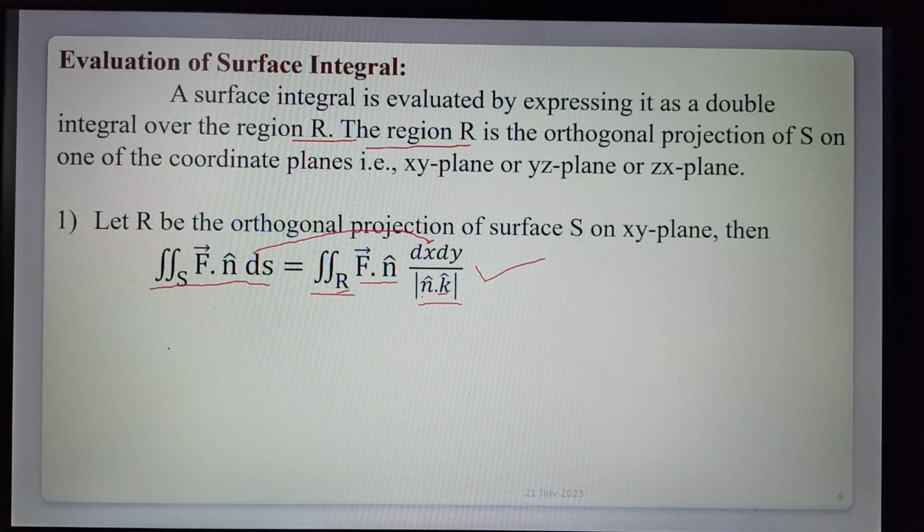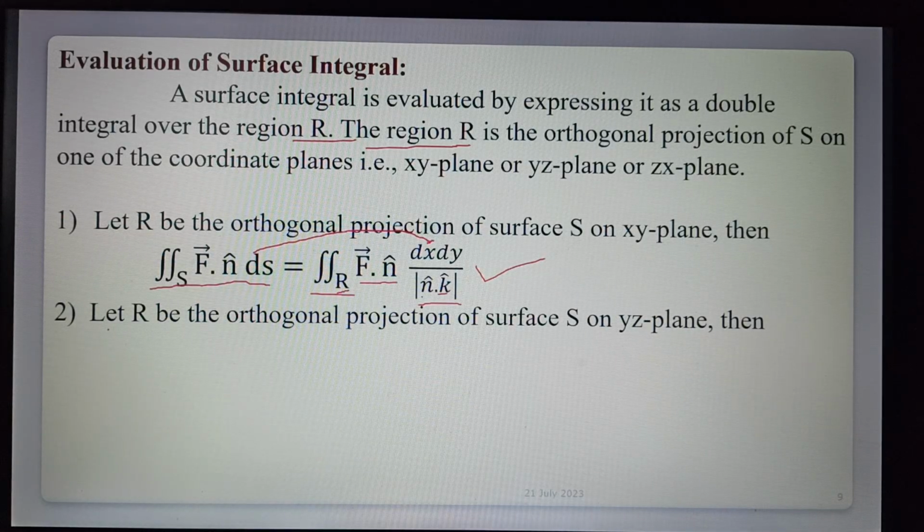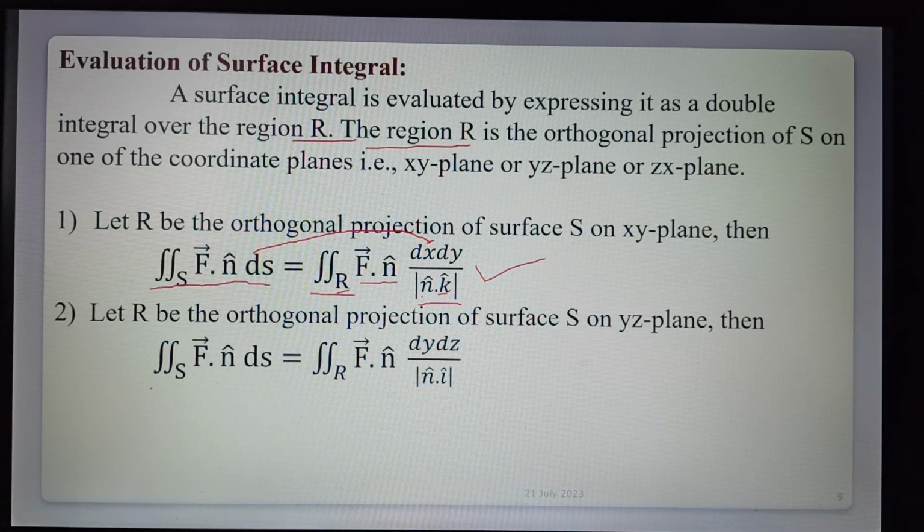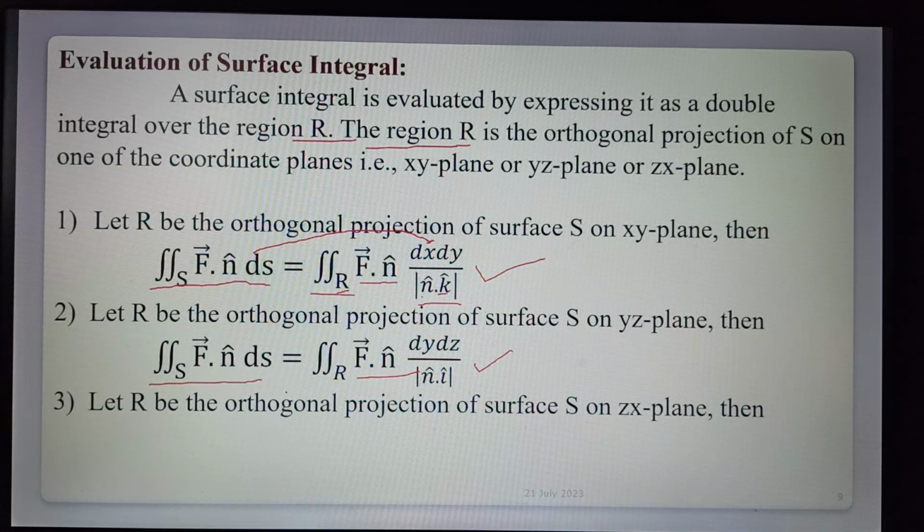Similarly, the second one: let R be the orthogonal projection of the surface on the yz plane. Then the surface integral is equal to the integration over R of f bar dot n cap dy dz by mod of n cap dot i cap. This is the second formula, when the projection is in the yz plane. Third, let R be the orthogonal projection of the surface S on the zx plane.